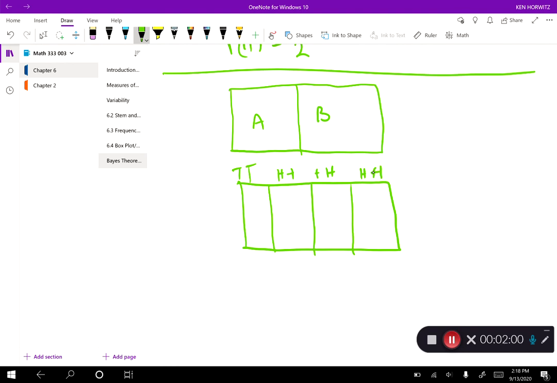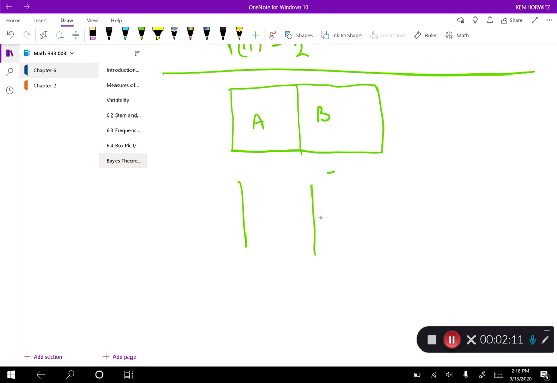So we can use this shape to really get a pictorial representation of probability. So let's go back to our cups, all right? Take this away. Let's go back to our cup A and cup B.